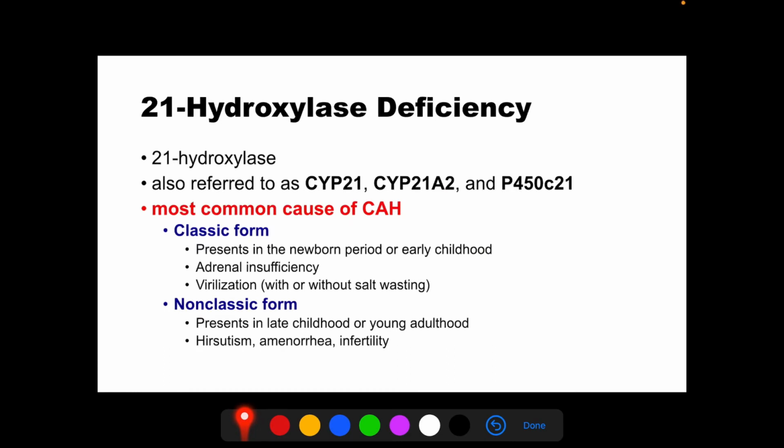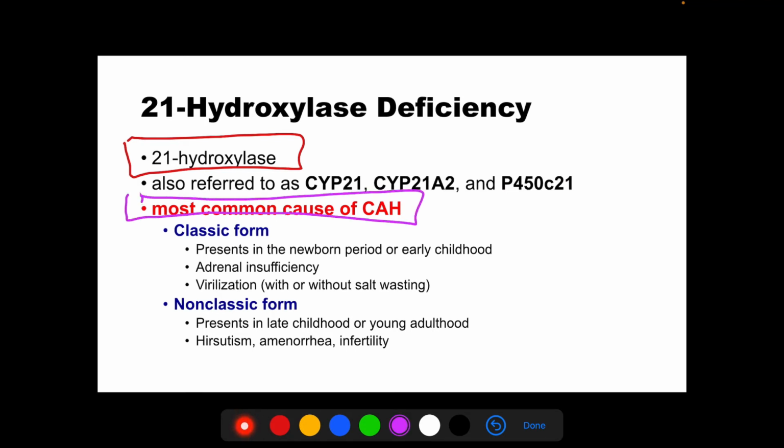Now, let us have the 21-hydroxylase deficiency. So what enzyme is deficient here? Of course, it's 21-hydroxylase. So this is also referred to as CYP21, CYP21A2, and P450c21. So just remember the number there, as based on the parent molecule, which is cholesterol. And also, this is considered the most common cause of CAH, or the congenital adrenal hyperplasia.